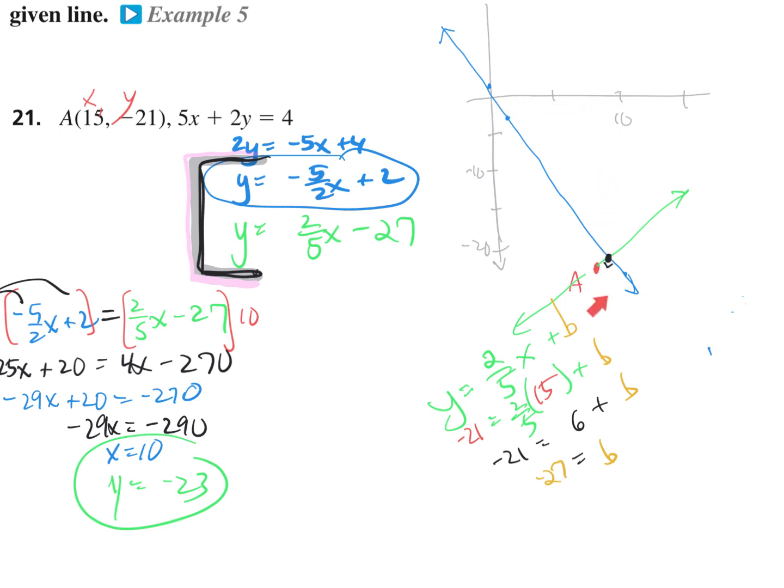All right, well, now that we know that point's coordinates and we know A's coordinates, the distance from A to 10, negative 23 is the distance from A to the blue line, because that's the shortest distance, because it's the perpendicular distance. So now we just apply the distance formula with these coordinates and we'll have our answer.